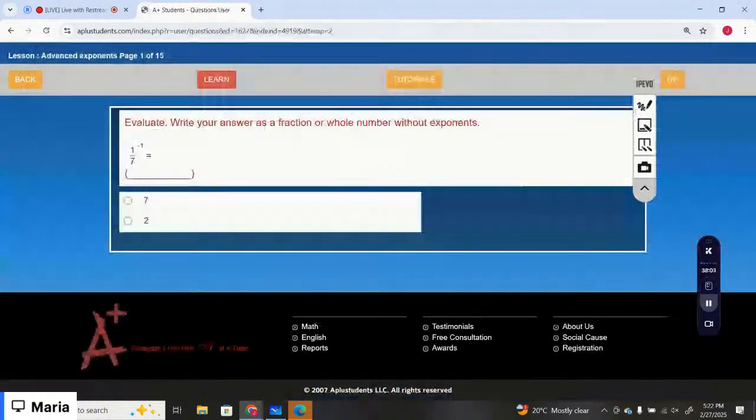Evaluate your answer. Write your answer as a fraction or whole number without exponents. So which is the correct option, 1 or 2?